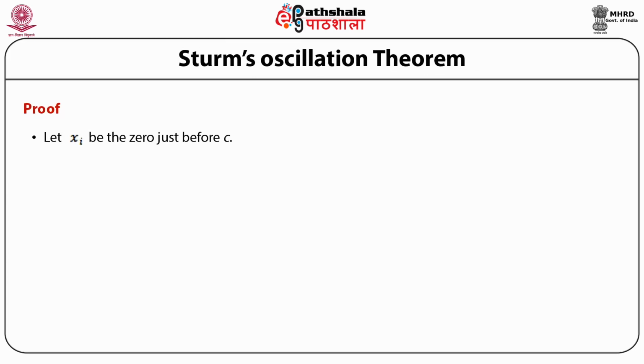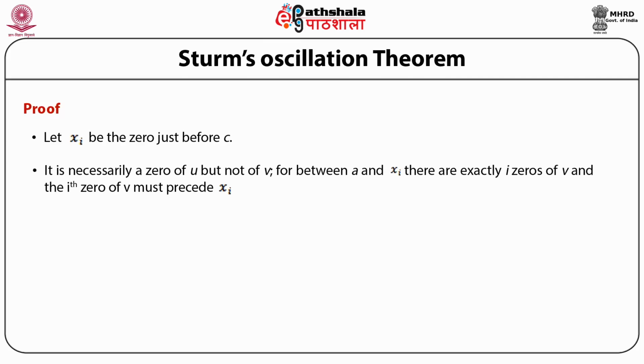Let xi be the zero next before C. It is necessarily a zero of U but not of V. For between A and xi, there are exactly i zeros of V and the ith zero of V must precede xi.